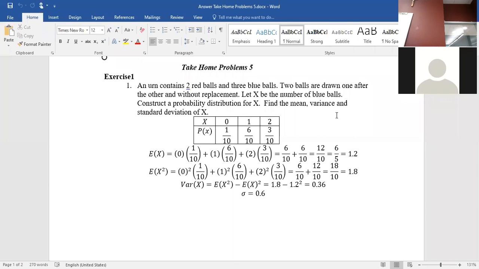Here we have 2 blue balls. You can't have up to 3 because there are only 2 balls drawn, so you cannot have 3 blue balls. So the number of blue balls you can get are 0, 1, or 2.